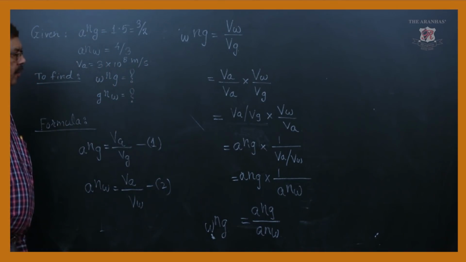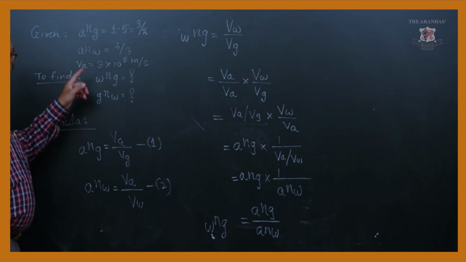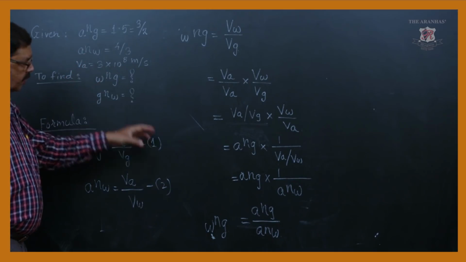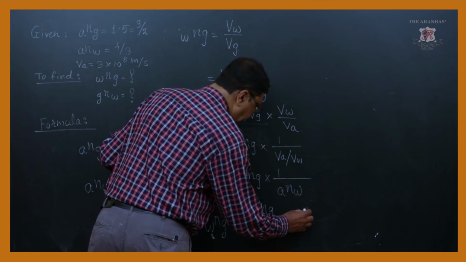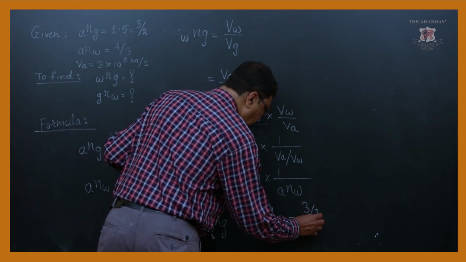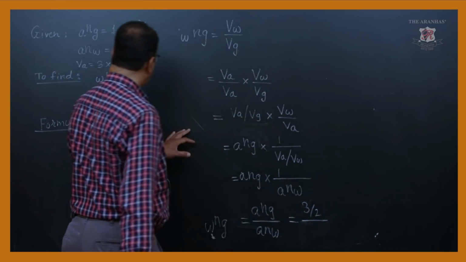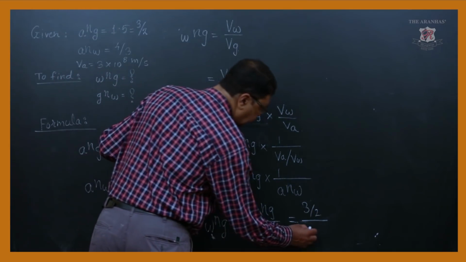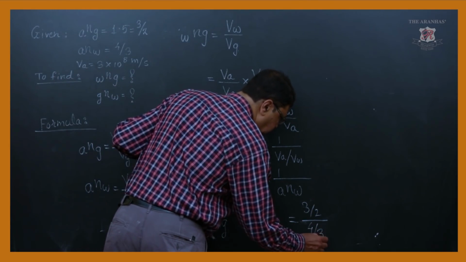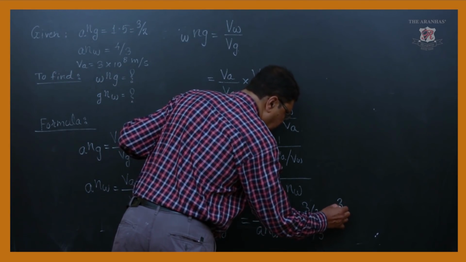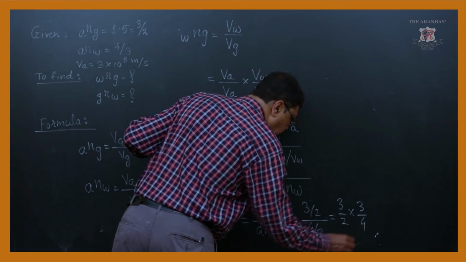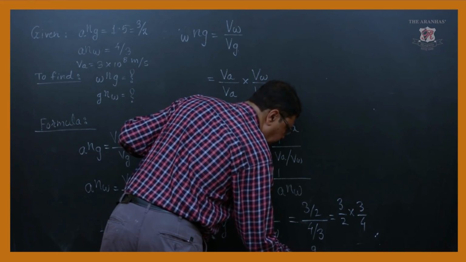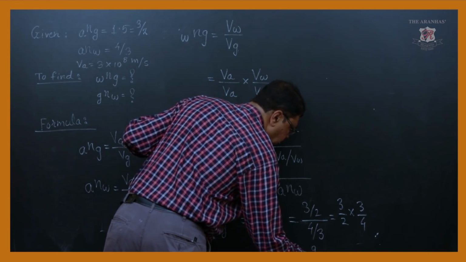Do I have the values of aμg and aμw? Those are the values given. Just substitute those values. So aμg is 3 by 2 and this is 4 by 3. That is equal to 3 by 2 into 3 by 4, that is 9 by 8.